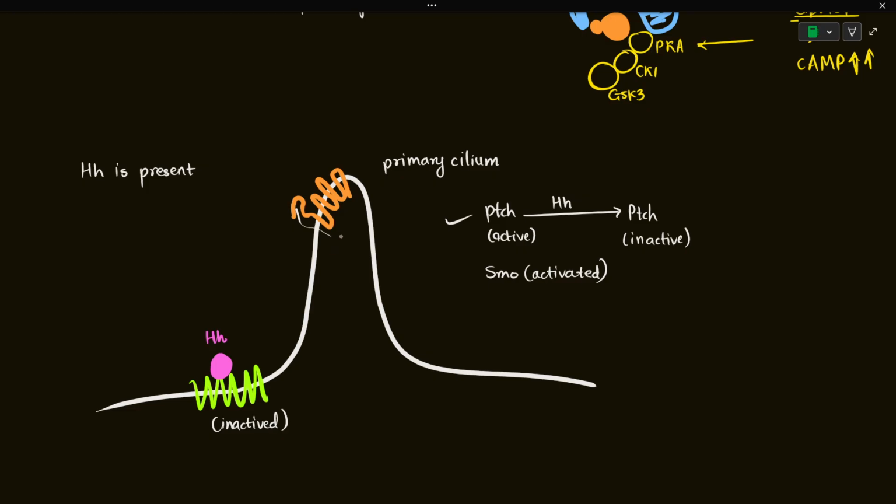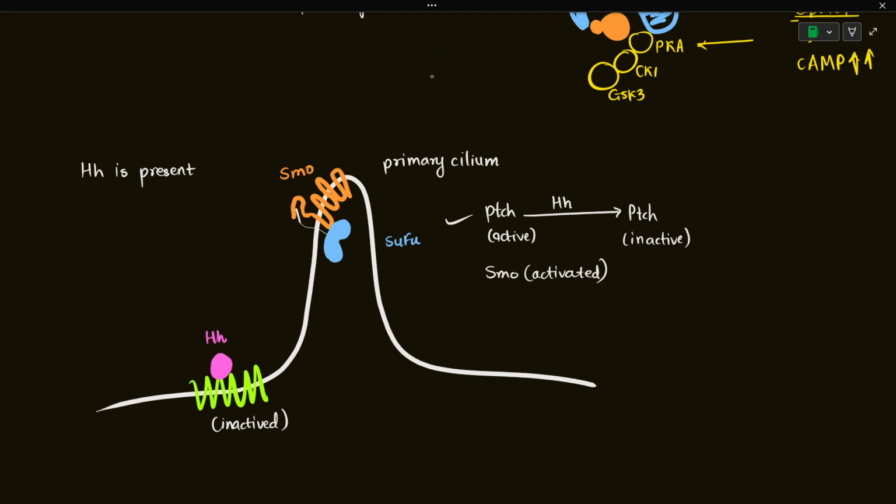How? Because the smoothened receptor will now recruit the SUFU proteins. So this SUFU protein will get attached to this activated smoothened protein. Now, as SUFU protein is preoccupied with smoothened protein, this engagement of SUFU and smoothened will result in the release of GLI transcription factors.